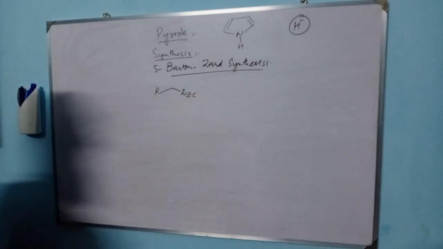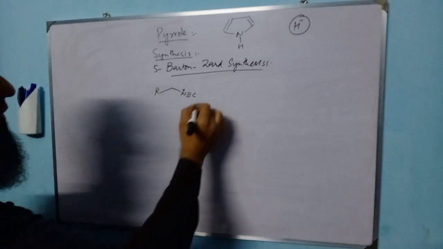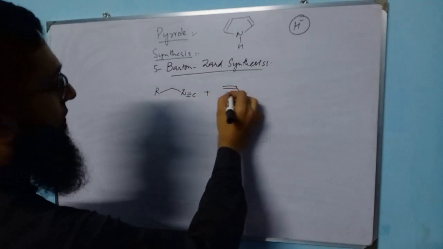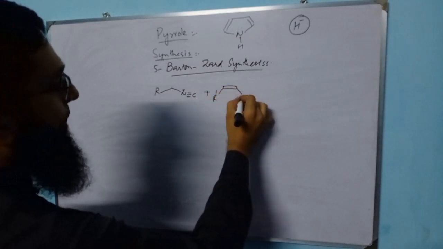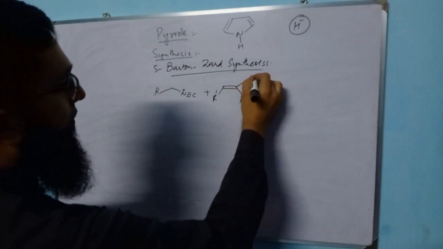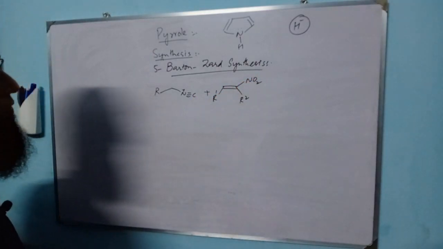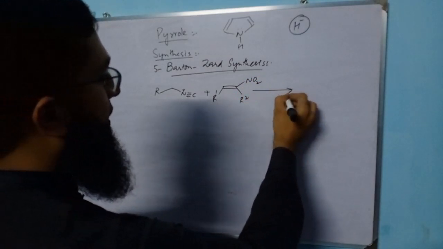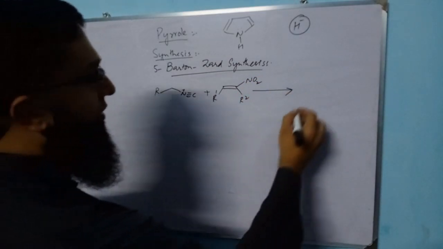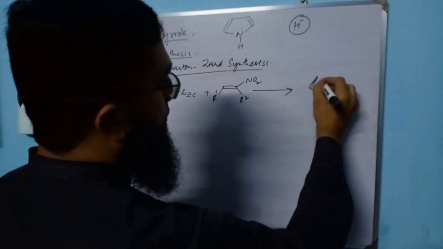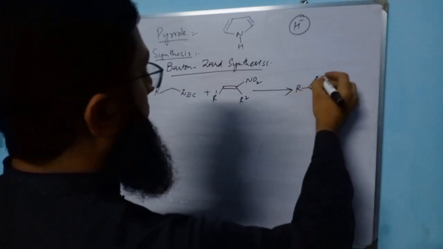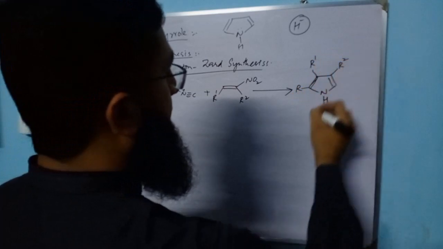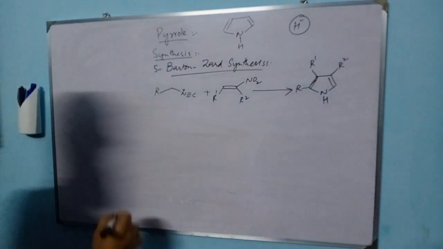This is isonitrile, and it is reacted with alpha beta unsaturated nitro molecules or nitroalkenes, and as a result of this reaction, we get this derivative. Now mechanism.